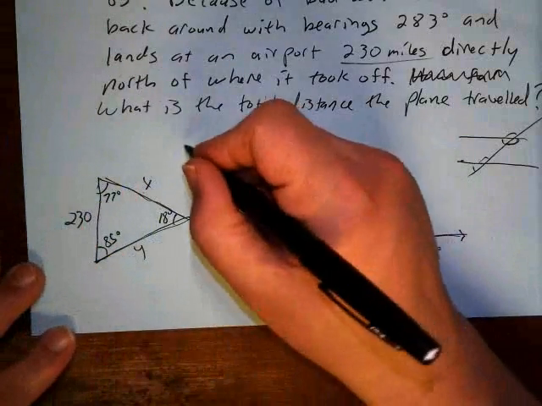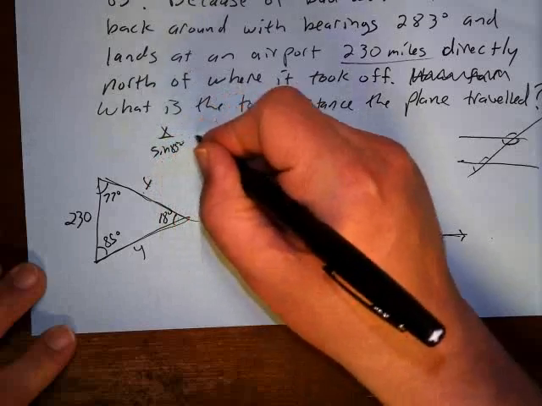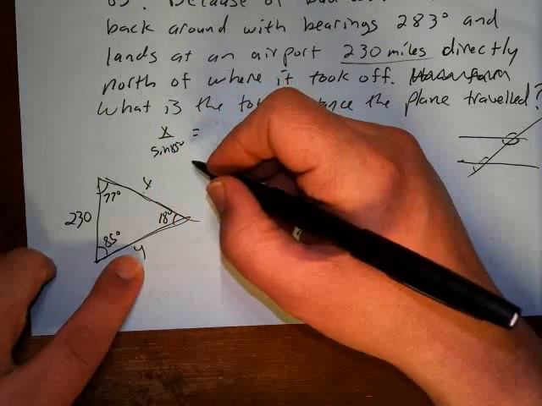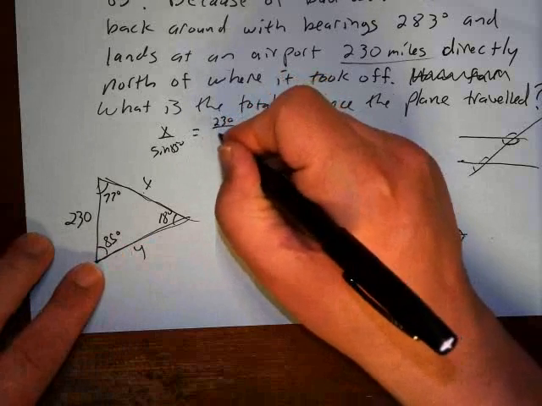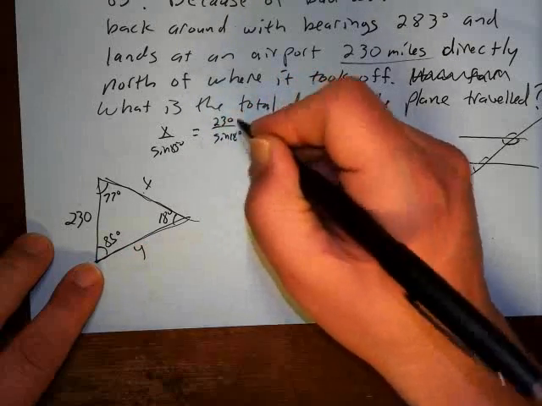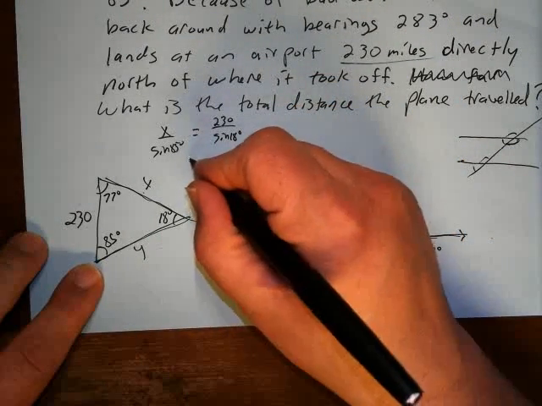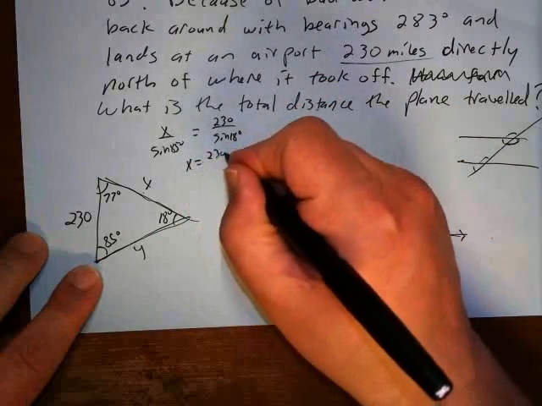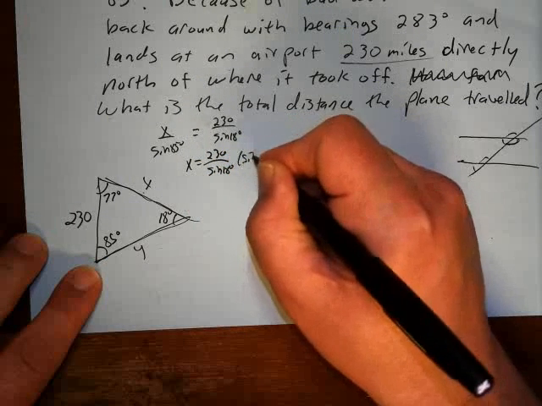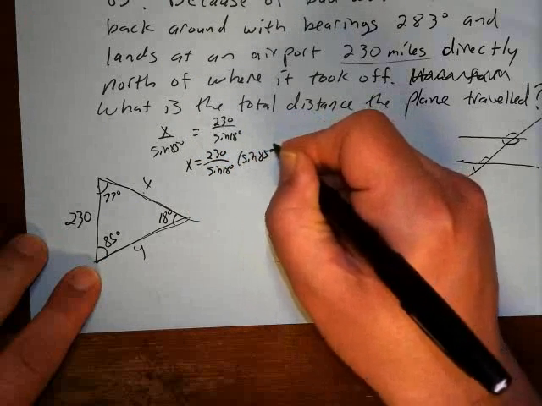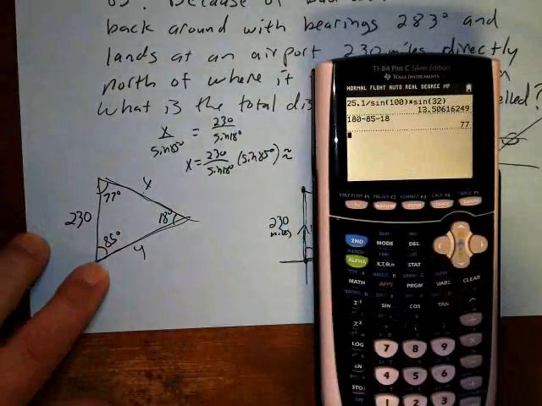So X is to the sine of 85 degrees as 230 is to the sine of 18 degrees. So X is equal to 230 over the sine of 18 degrees times the sine of 85 degrees.